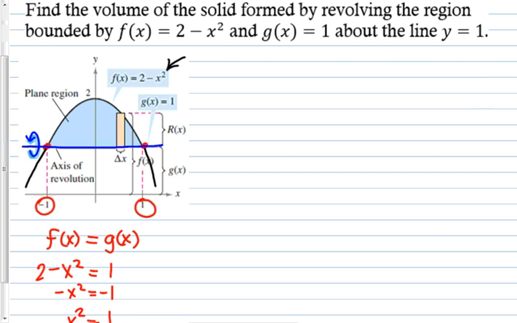Because I cut off at y equals 1, or g of x equals 1, same thing, in order to find the radius, I have to use f of x, but then what I cut out of it, I have to keep in mind and compensate for that.